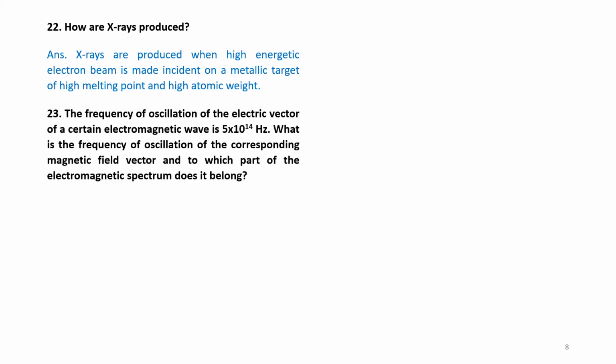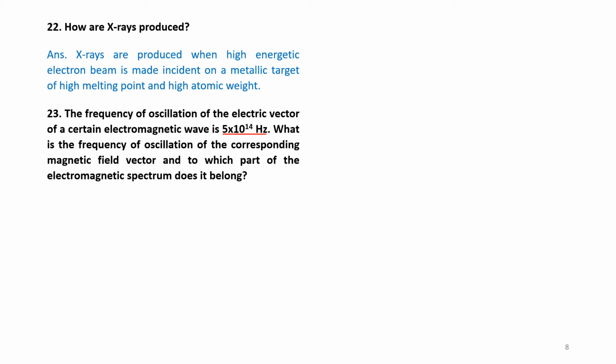Question number 23. The frequency of oscillations of electric vector of a certain electromagnetic wave is 5 into 10 to the power of 14 Hertz. What is the frequency of oscillation of the corresponding magnetic vector? To which part of the electromagnetic spectrum does it belong?